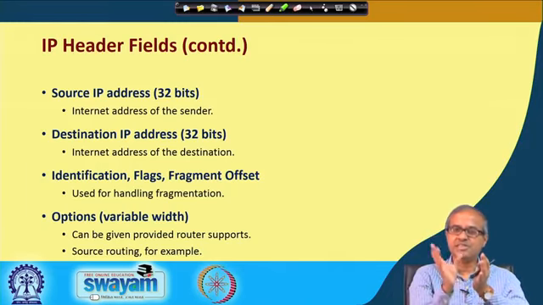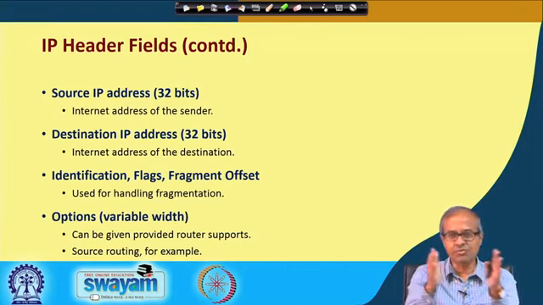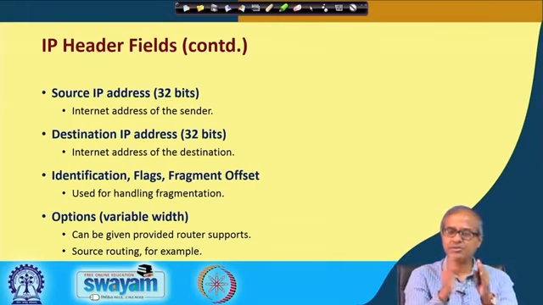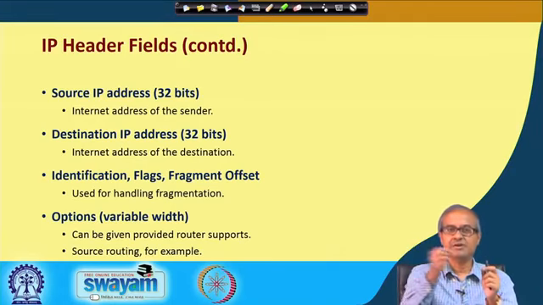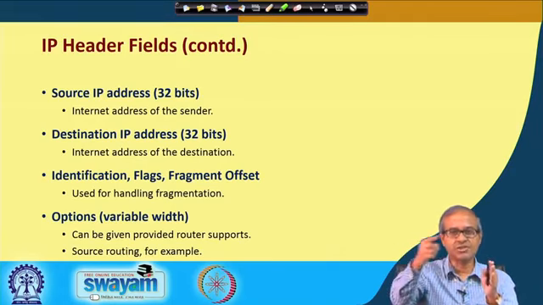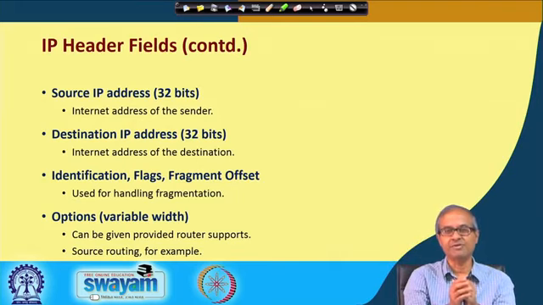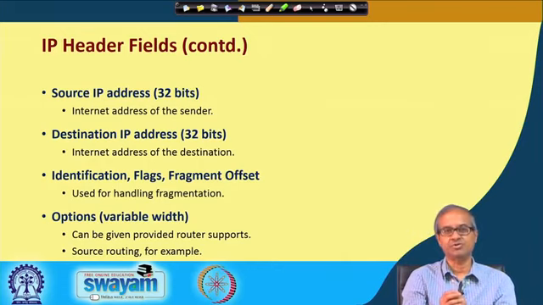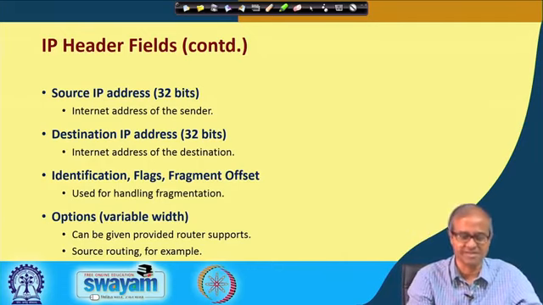That means the source is specifying the route. To specify that route you need longer information, so this options field can be used to specify the sequence of IP addresses of routers which has to be followed to go to the destination. This is called source routing. So, these options are there.